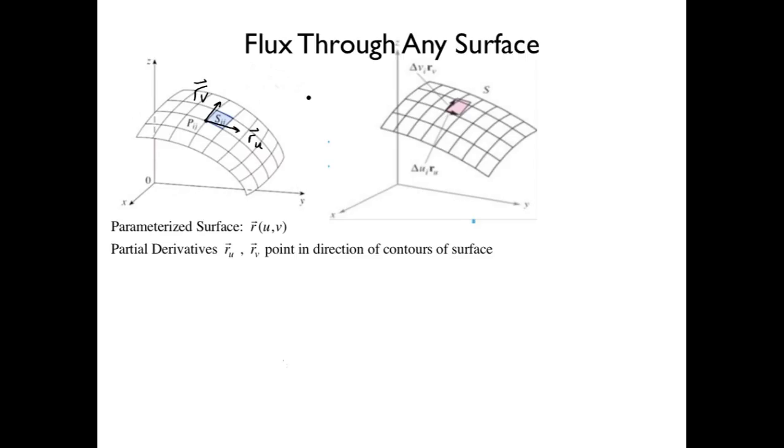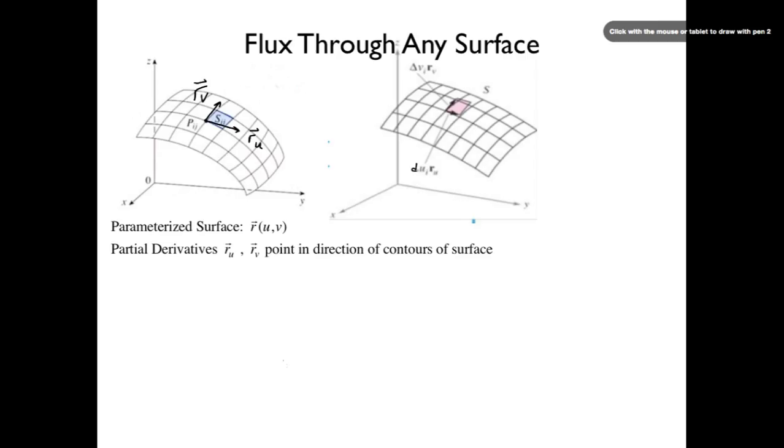So now we need to get the size right. So how do we get the size of these vectors to match up with the size of our elements? If I take ru and multiply by du, then that scales the size of that thing to be what I want.